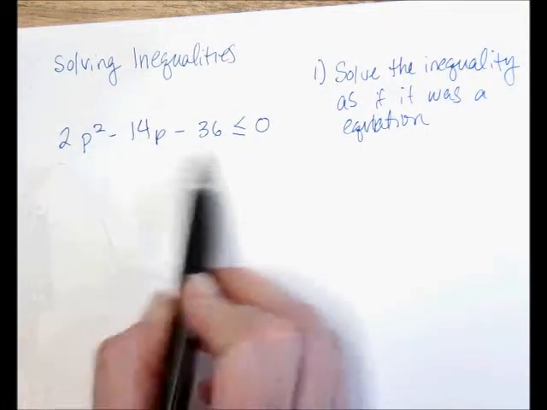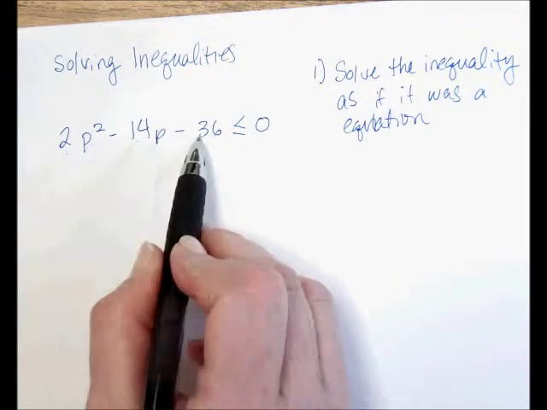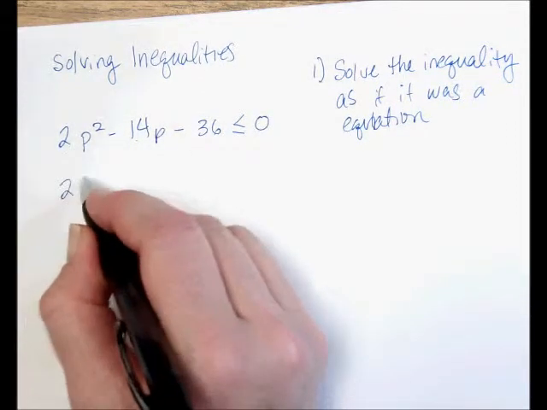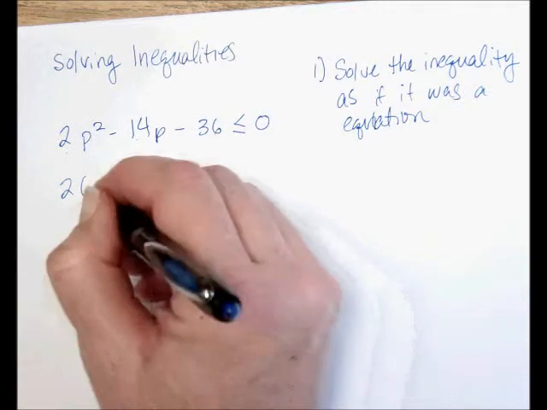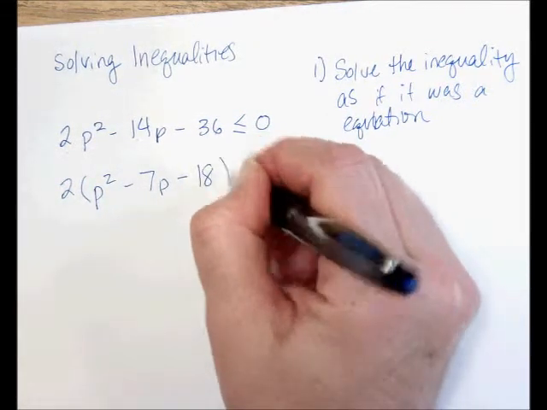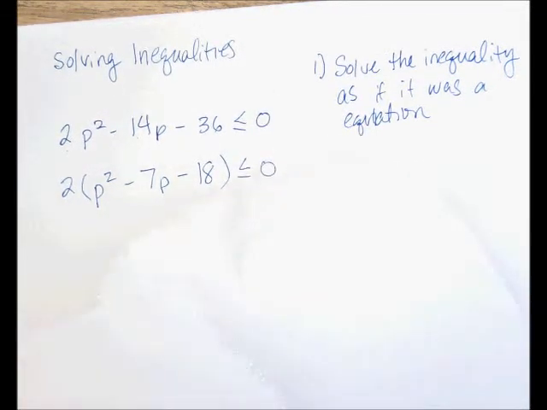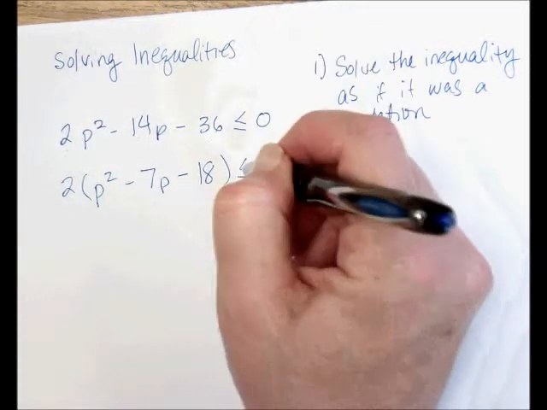But looking at this quadratic equation, I can see that each of the terms on this side of the equation has a 2 as a factor. So I'm going to factor out 2 right away. So I still set that less than or equal to 0.